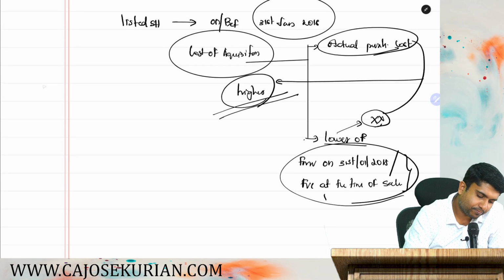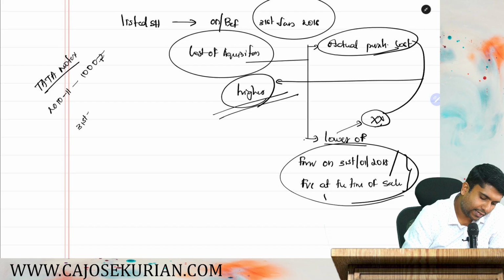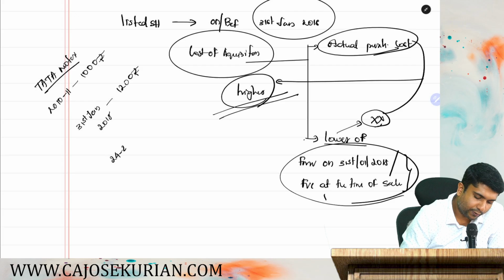Say I bought shares of Tata Motors on say 2010, 2011, say for 1000 rupees. On 31st January 2018, the share price is say 1200 rupees. During 24-25, I sold those shares for say 5000 rupees.